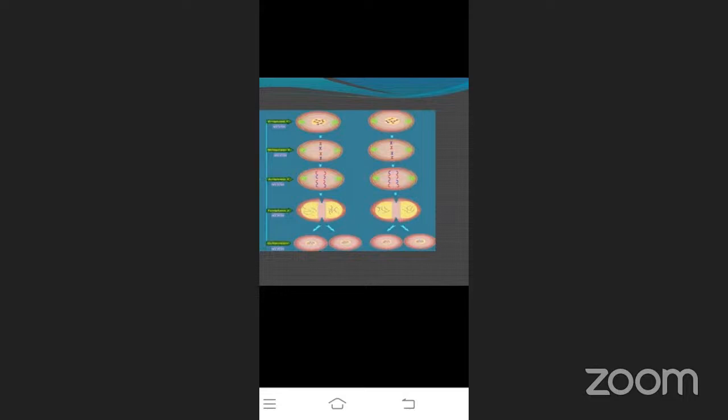In the second meiotic division, the two haploid daughter cells formed divide again mitotically and produce four haploid daughter cells. This division is called the second meiotic division.